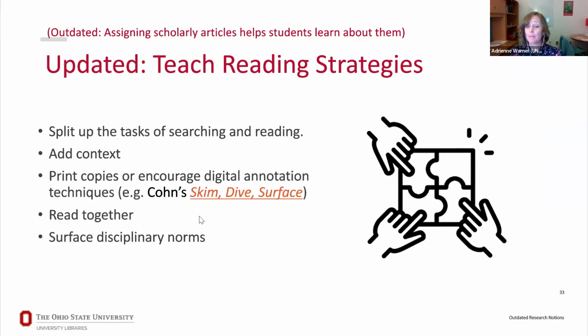Okay, so here are some strategies, and I see that several of you already are employing a lot of these, so awesome. If these are new to you, that's also great. Please, as librarians, split up the tasks of searching and reading. If you want students to go to the library website and find an article, that's great, but then also talk to them about how to engage with the article.